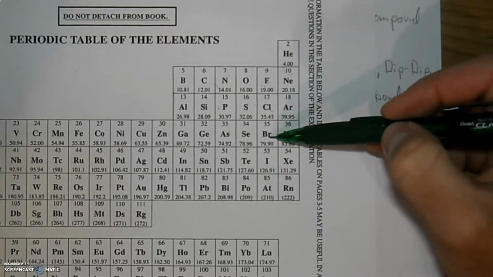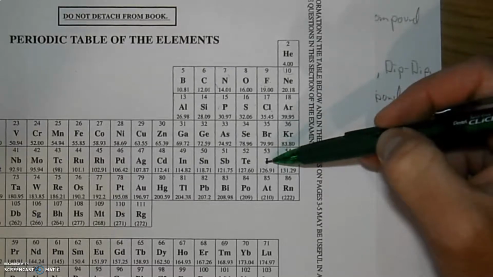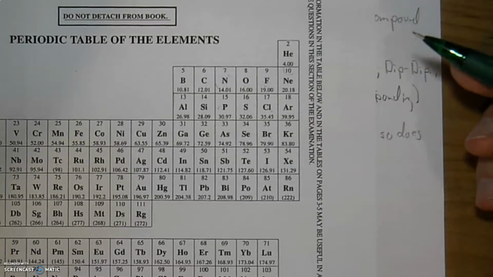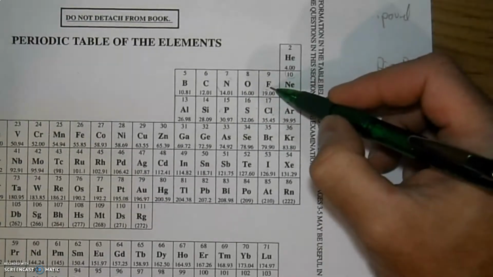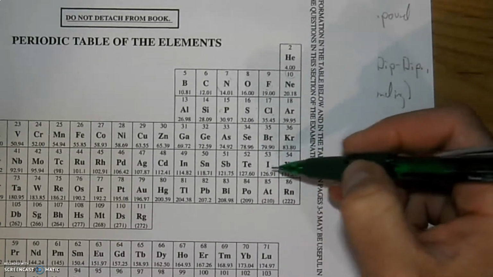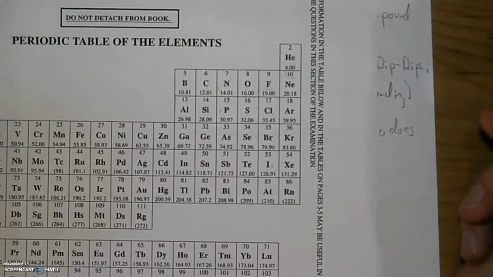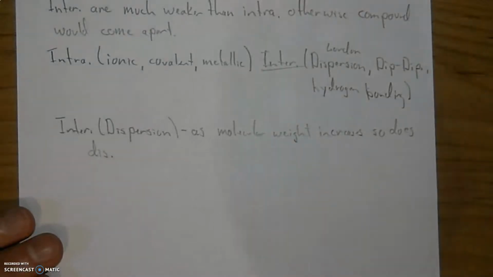Bromine is actually a liquid at room temperature, and iodine is a solid at room temperature. The reason for that is because of the attractive forces these guys have for each other. We're just looking at fluorine attracted to other fluorines and so on down the column. Iodine is going to have more attraction, and therefore it is going to be a solid in comparison to fluorine, which is very much a gas.